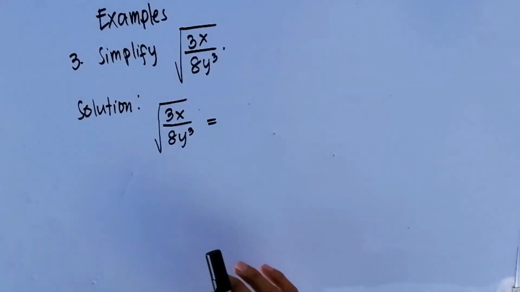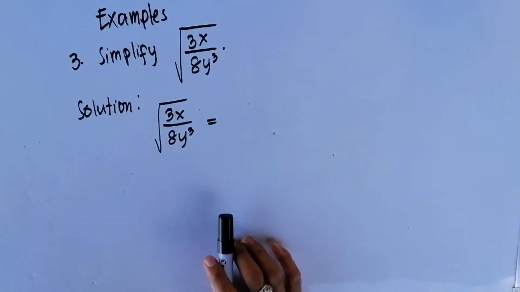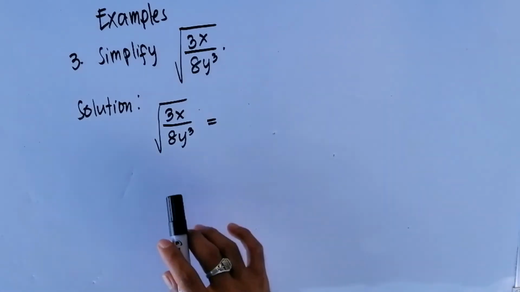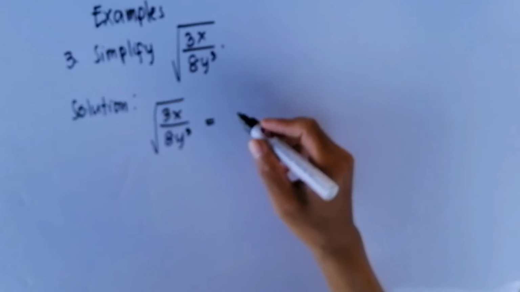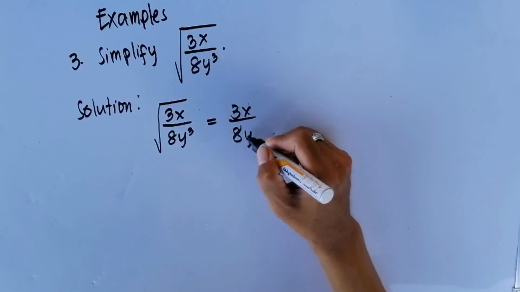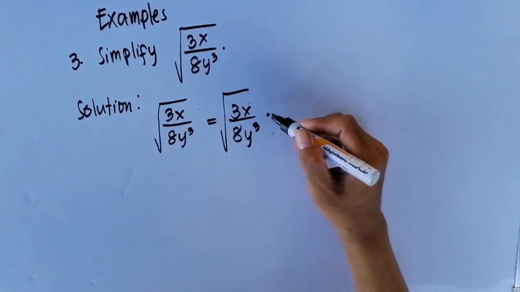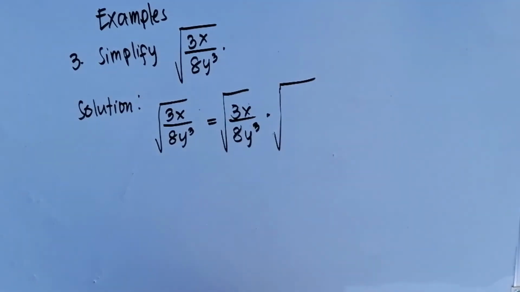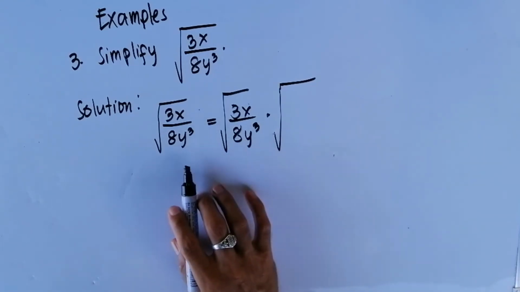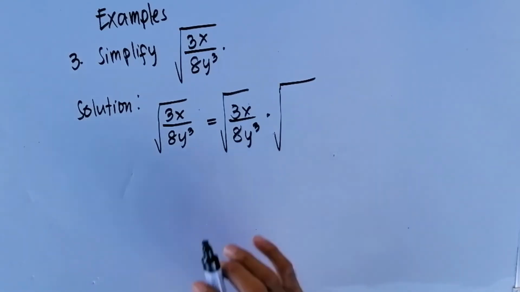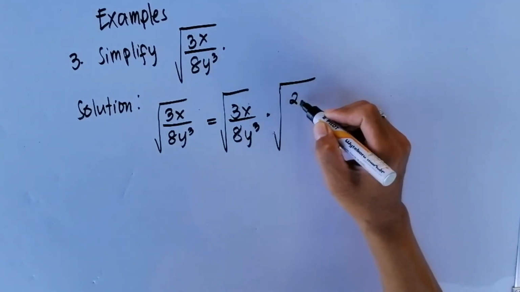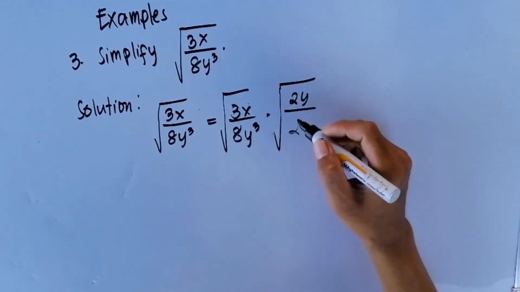Okay, example number 3. Simplify the square root of 3x over 8y cubed. Okay, solution: the square root of 3x over 8y cubed is equal to the square root of 3x over 8y cubed times, okay, to make this denominator a perfect square number, we're going to multiply this by 2y over 2y.